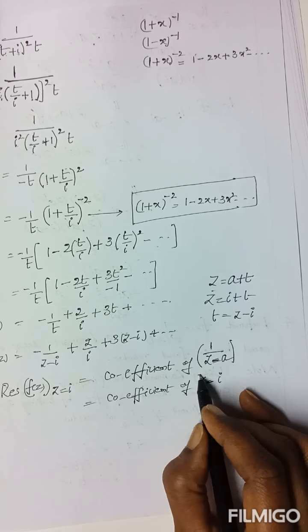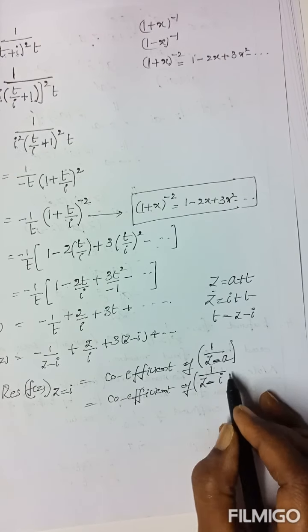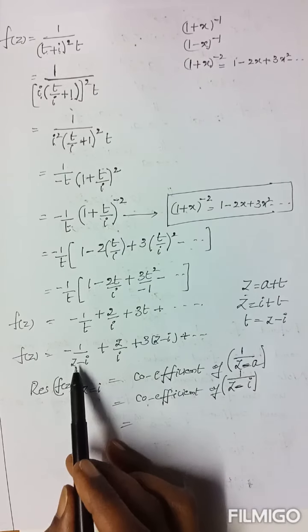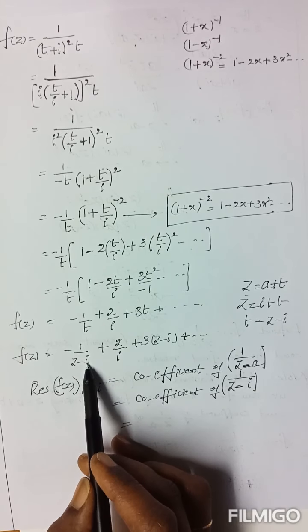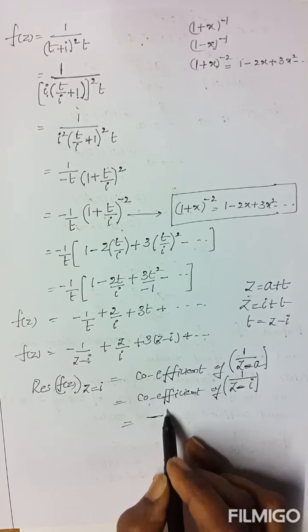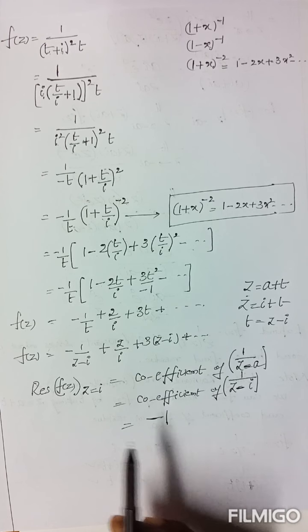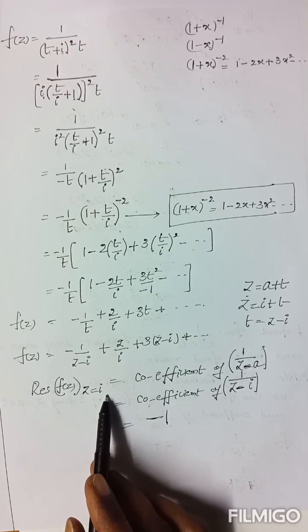Here also, the coefficient of 1 by (z minus i). What is the coefficient of 1 by (z minus i)? Its coefficient is minus 1. Minus 1 is the residue of f of z at z equals i.